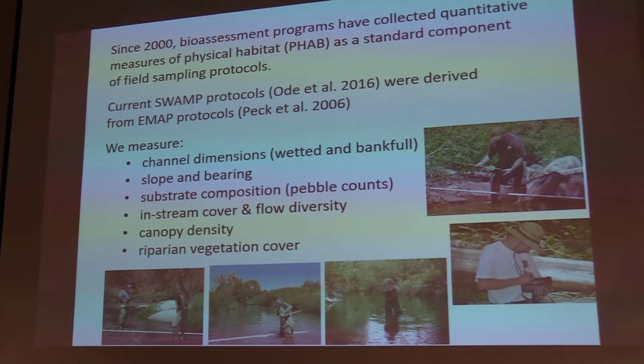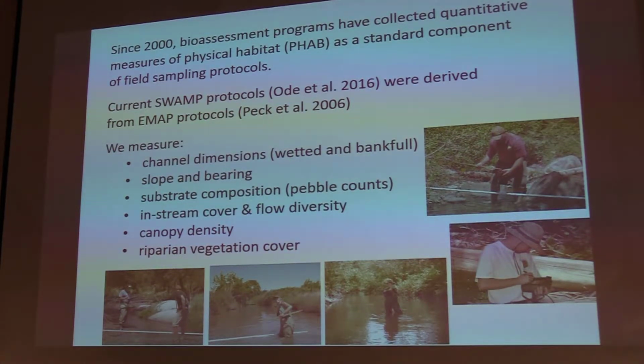Since 2000, bioassessment programs have collected quantitative measures, or at least semi-quantitative measures, of physical habitat as a standard component of our field protocols. The current SWAMP protocols were most recently revised in 2016, but actually date back to 2007, and those in turn were derived from earlier EMAP protocols that, although not formally published until 2006, date back to at least 2000, if not the late 90s.